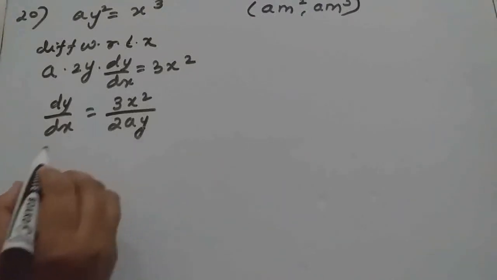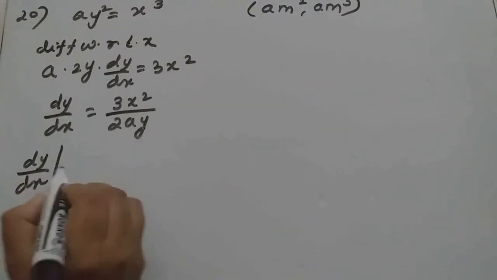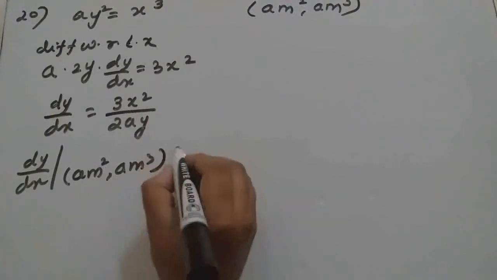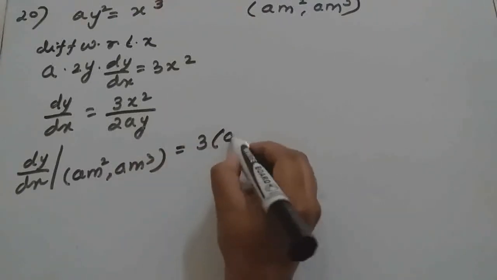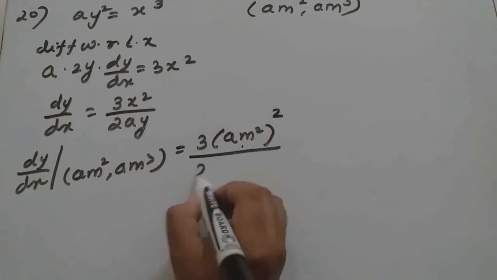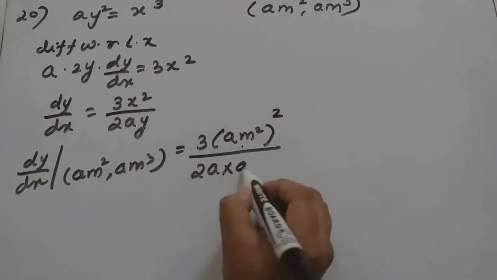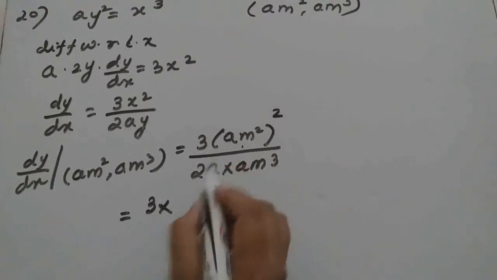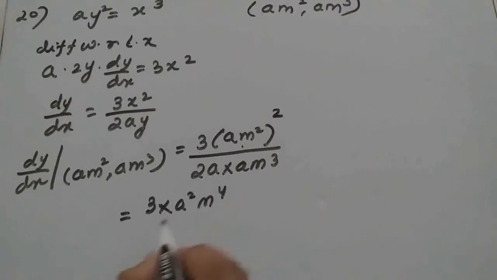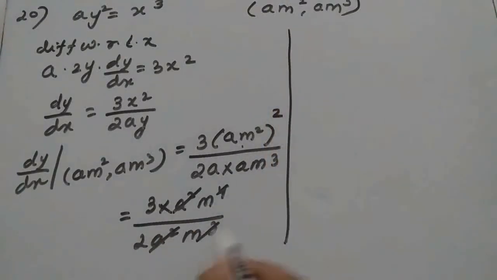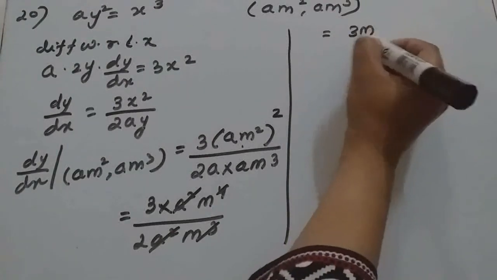Okay. So dy by dx at the given point: see, am square is the value of x and then square is given, divided by 2a, y value is am cube. Okay, so now this will be 3a square m power 4 and here 2a square m power 3. So a square will go, m, 1 m will remain here, so 3m by 2.